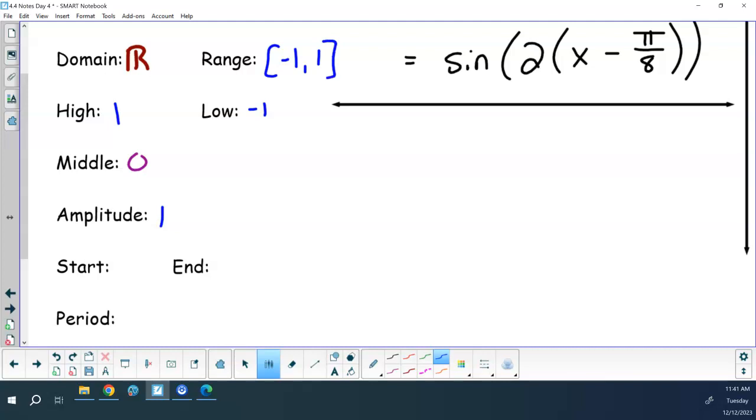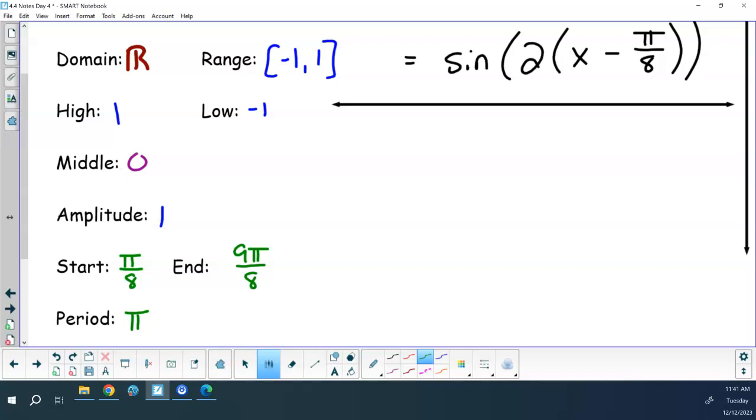Okay. Where do I start? Positive pi over 8. Yep. What's my period? Just pi, right? Because it's 2 pi divided by 2. So that's pi, which would make this 9 pi over 8.